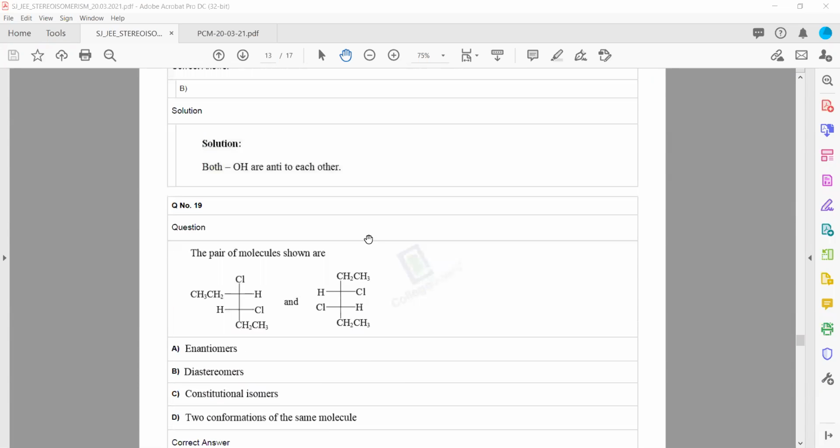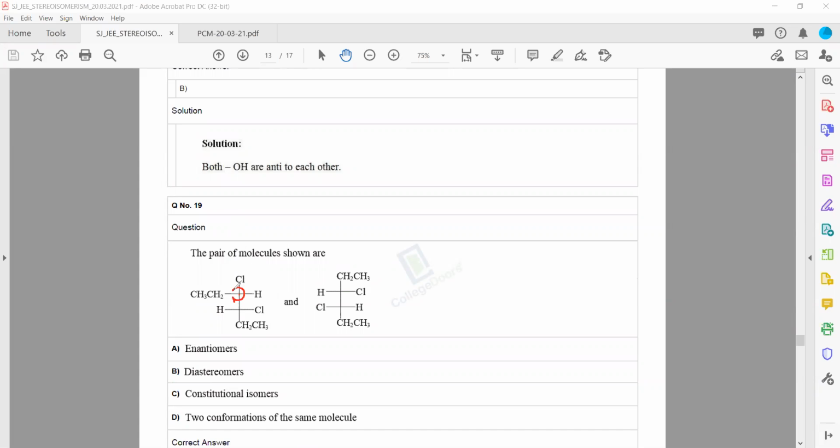Next one, the pair of molecules shown are... So how will you identify the relation? RS. So here you have to identify the configuration. So this is Cl, then next is carbon, and then ethyl.